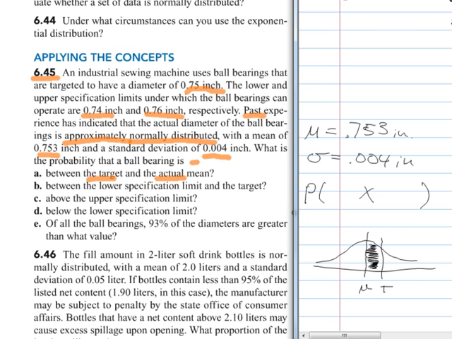That's what this means. And so X is the diameter, and X is going to be between two values, the mean and the target. I don't know which one's higher. Let's see. The mean looks like it's actually higher, and so it would be less than the mean, and it would be greater than the target, which was 0.75.